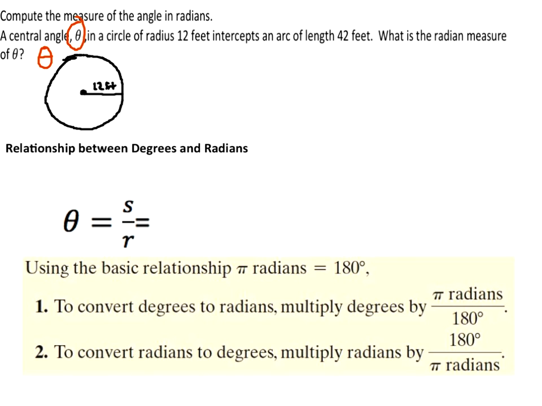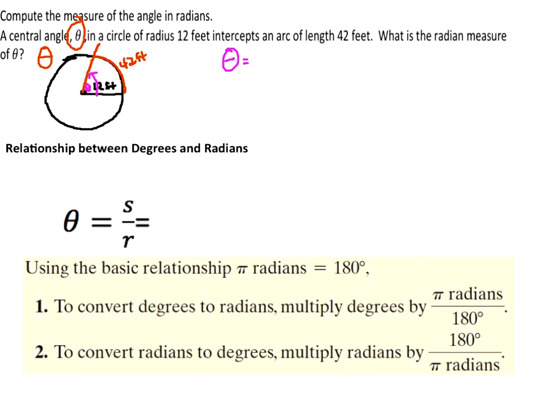So the angle that I want to talk about intercepts the arc, and the arc is 42 feet. We want to know the measurement in radians of theta. So theta equals, well, we just go to our formula.